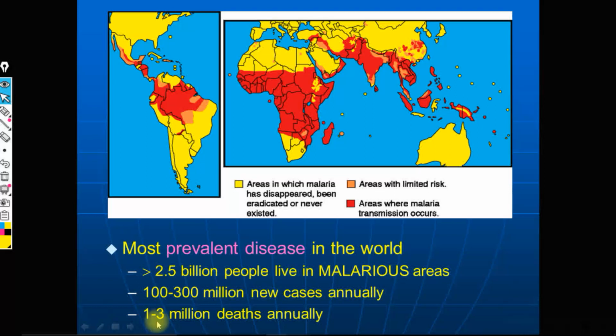So 10 to 30 lakh deaths per year, right? And most of these deaths occur in the region of Africa, especially the sub-Saharan part. Of the total number of cases and deaths, 90% of both figures are represented by African countries, right? So it is a big threat for the region of Africa.